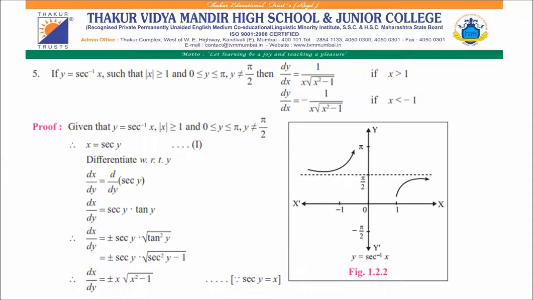Okay, so here tan is taken within the root, so we have plus or minus sec y into under root of tan square y. Again this tan square y is written as sec square y minus 1. Okay, so sec square y is written as x square, so we have plus or minus x under root of x square minus 1.